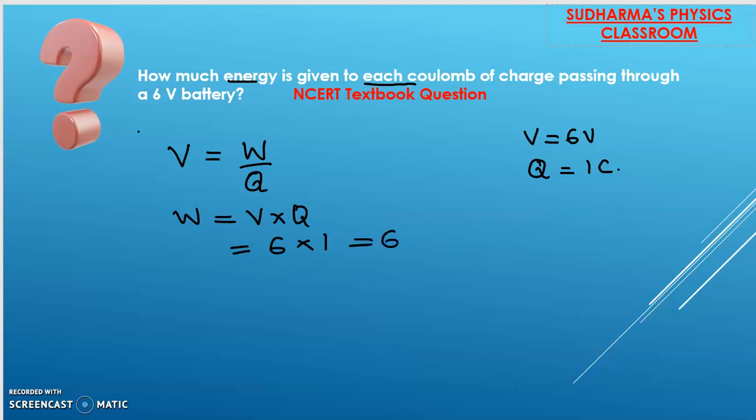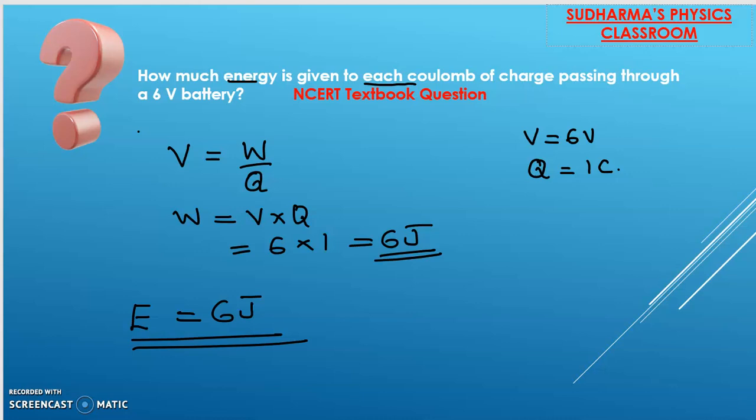So I'm going to get 6 joules. So we calculated the work done. This work done is converted into energy for that charge. So energy is equal to 6 joules. This is the answer for this question. Hope you understood how the work done is taken as energy.